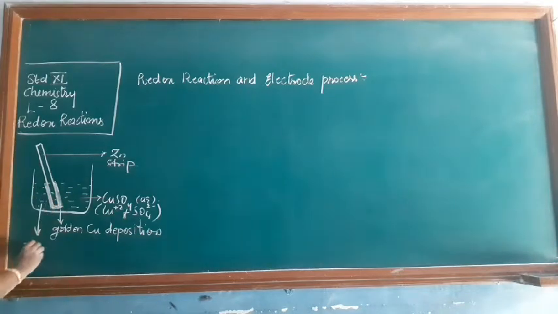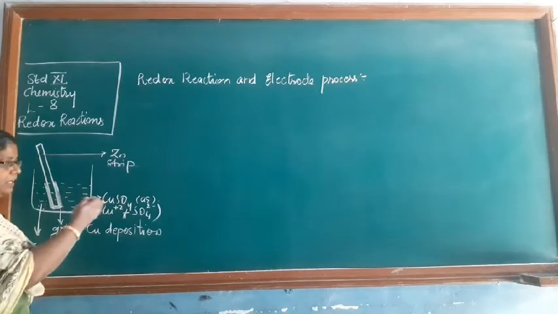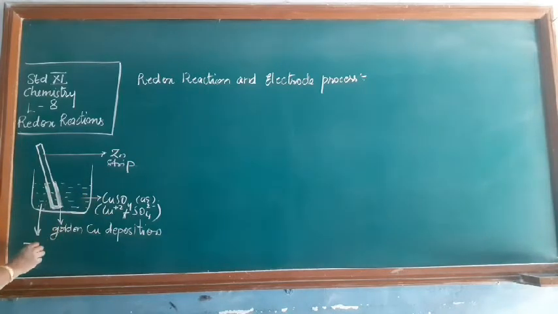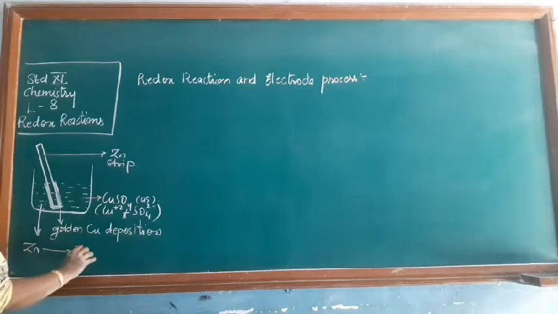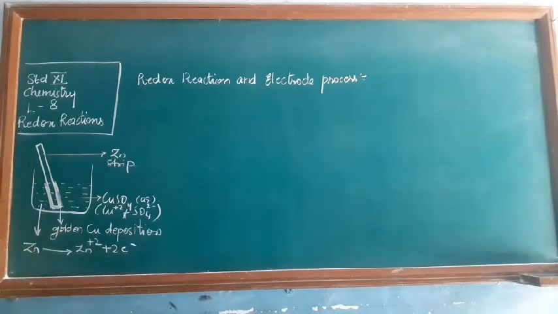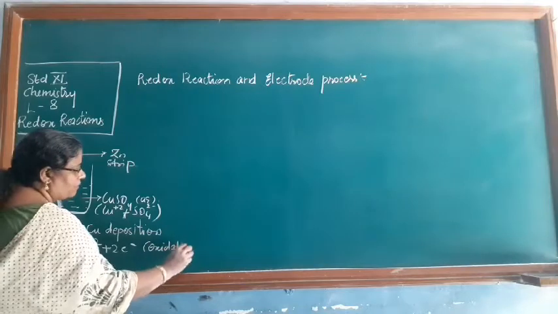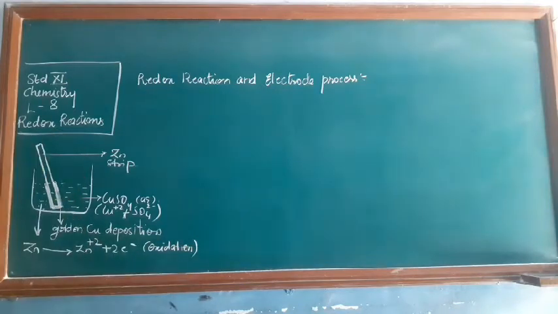You will find that zinc, being more reactive than copper, will be going into the Zn plus 2 state with the release of 2 electrons. So this equation you can call the oxidation reaction.